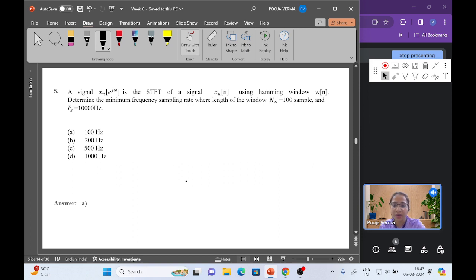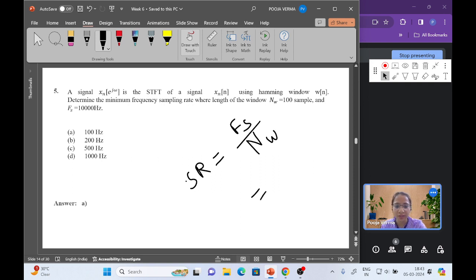So in order to find out the minimum sampling rate of a signal in STFT, that minimum sampling rate, defined by SR, is Fs divided by NW, the length of the window function.